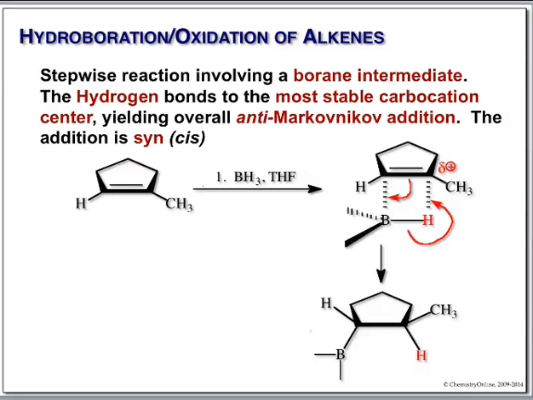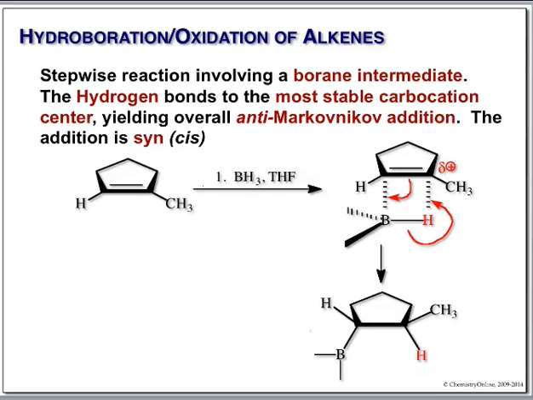Now, why does this thing orient this way and not the other way? There are actually 2 reasons. Remember, this is a tertiary center, that's a secondary. This will accommodate a positive charge better, so it will be slightly more positive. Probably the greatest impact, though, is that this boron, with all its stuff attached, is big.